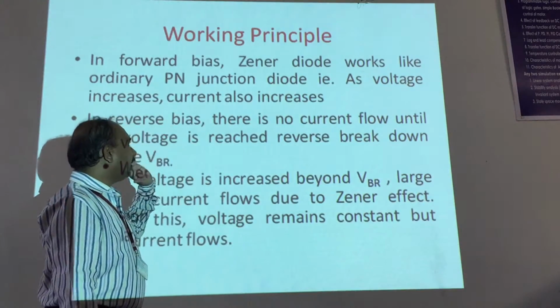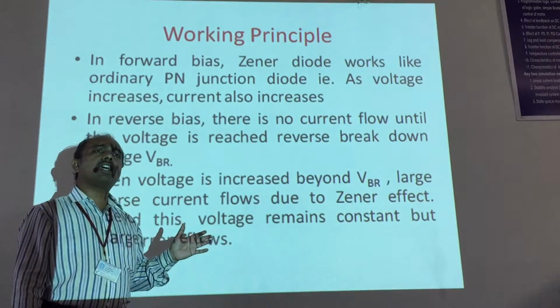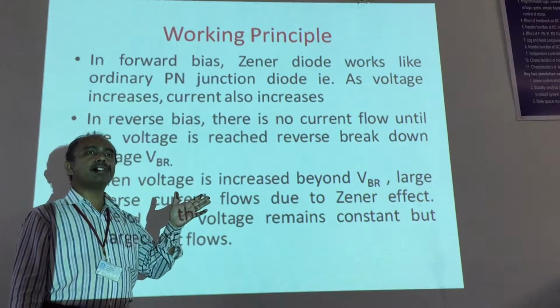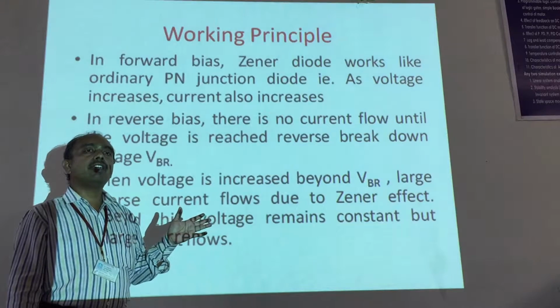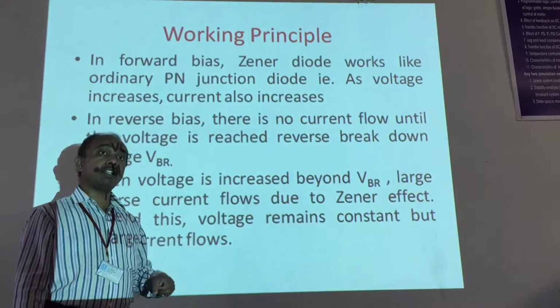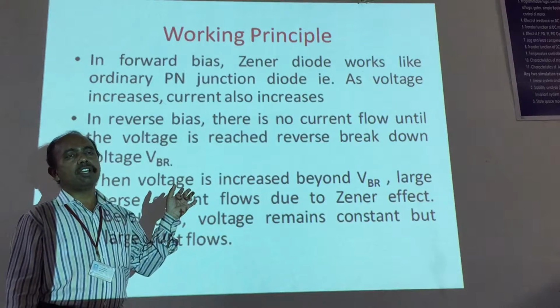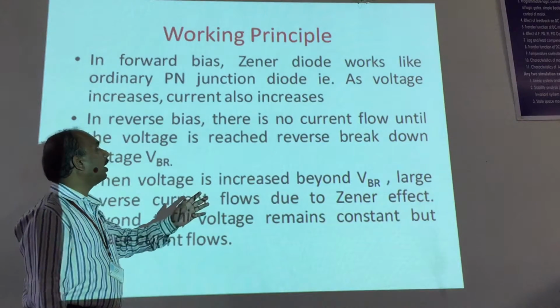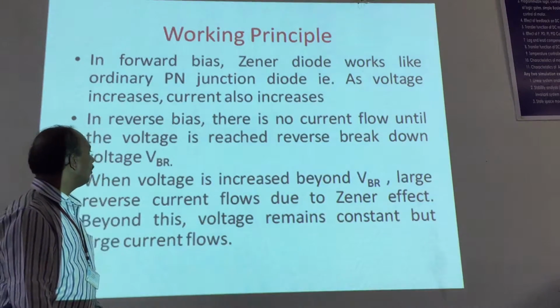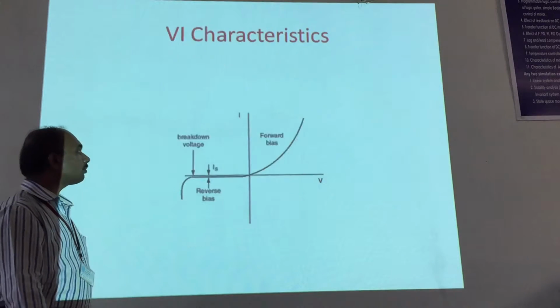So at zener breakdown voltage, large current flows and voltage remains constant. Wherever voltage is to remain constant and large current is to flow, in those cases we can use our zener diode.